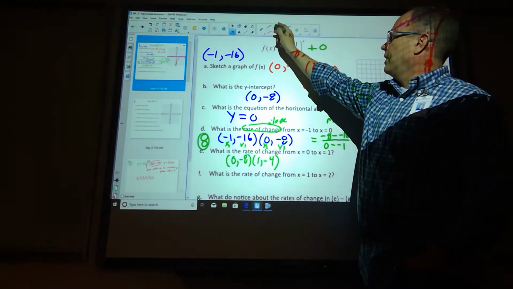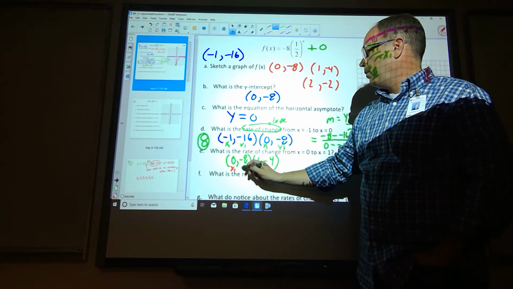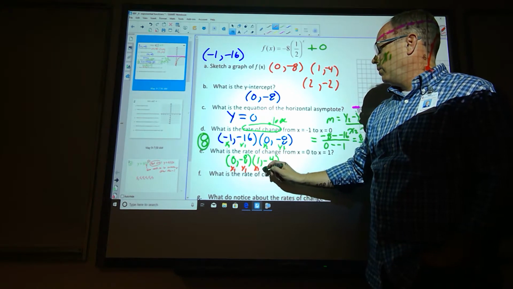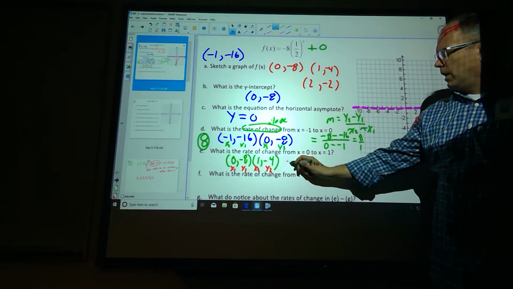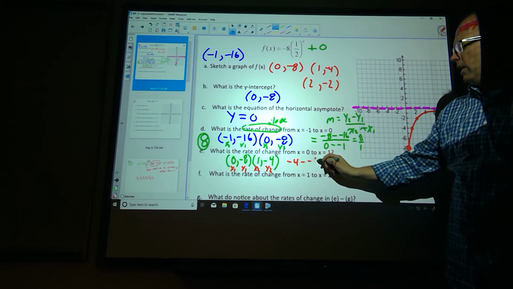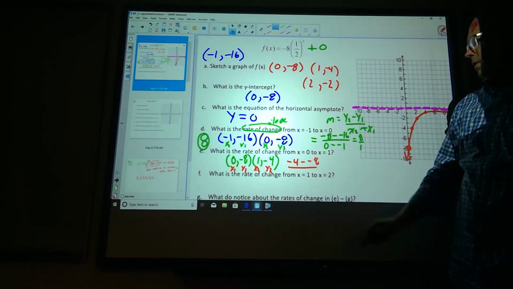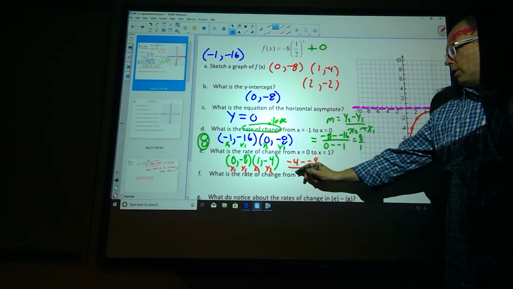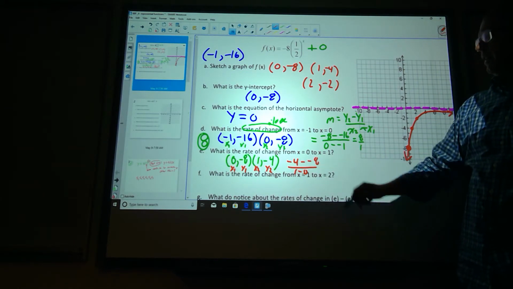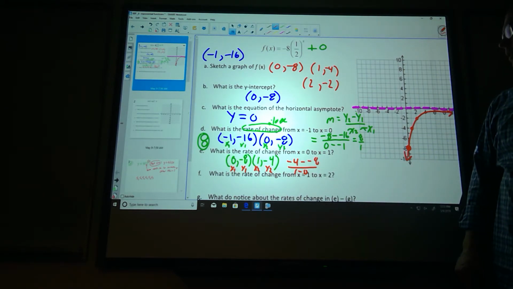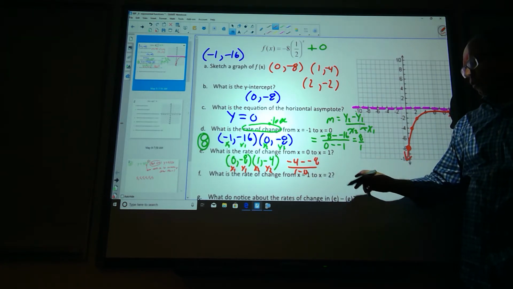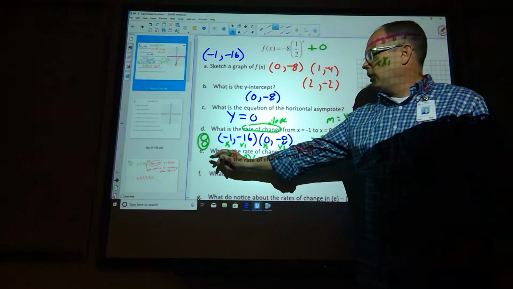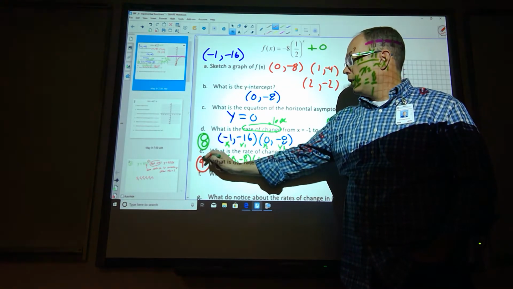So again, I'm going to do the exact same thing. x1, y1, x2, y2. So I'm going to go -4 minus -8 over 1 minus 0. Minus means what? Positive. So -4 plus 8 is 4. 4 over 1 is just 4. I have a rate of change on this one of 4.